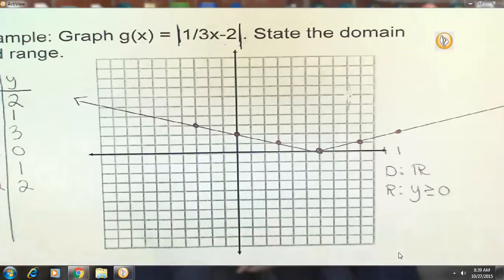On page 265, 21 through 24. What's that? 21 through 24. If you guys want to group up and work, and it's a group of 2 or 3, I'll let you do that as long as you're on task.